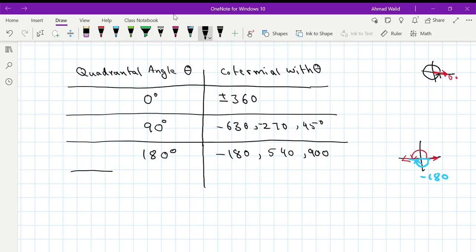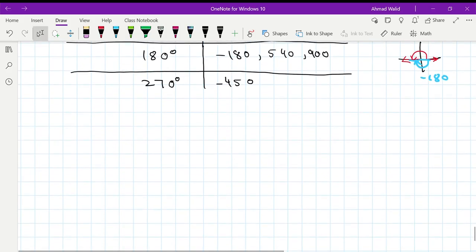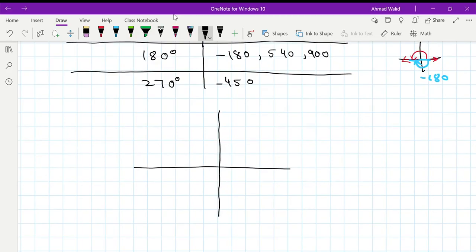What is the next quadrantal angle? The next quadrantal angle is 270, right? Then what can be the coterminal for 270? Negative 450. If you say no, let's draw this one and see whether I'm right or your book is right. First, let's draw 270. You know where 270 is, right? This is your initial side. You come here.